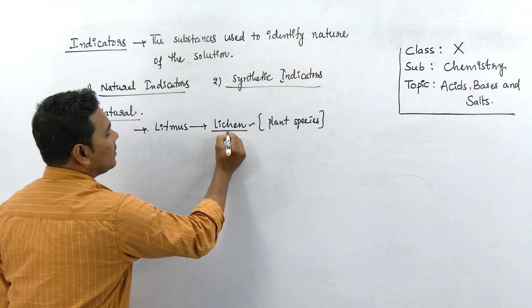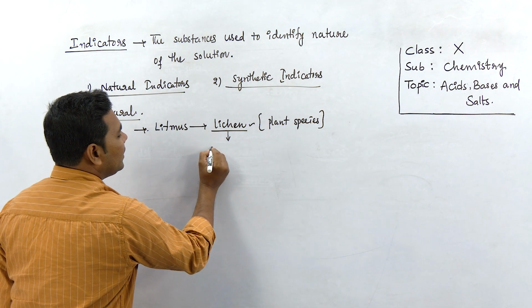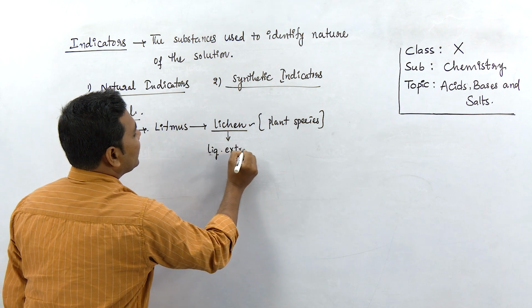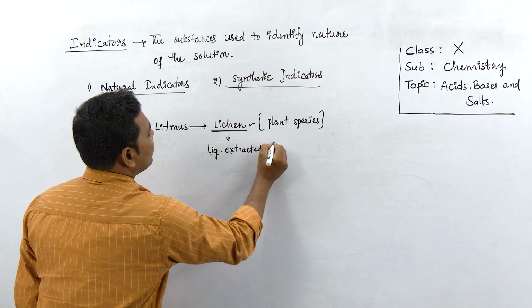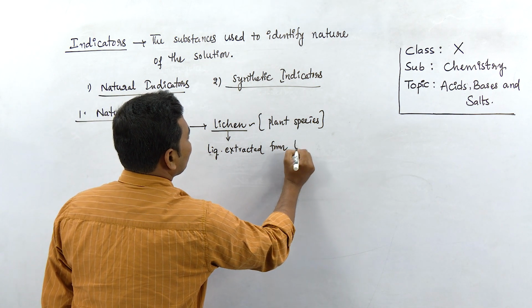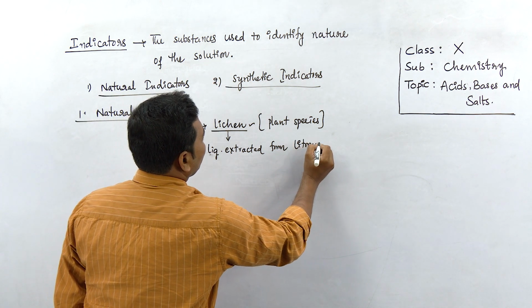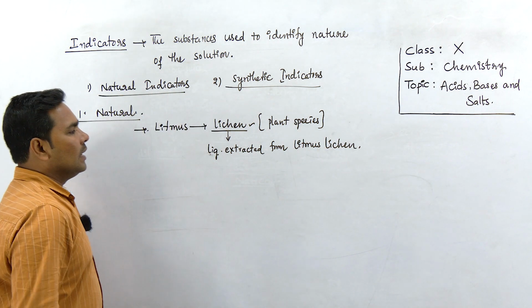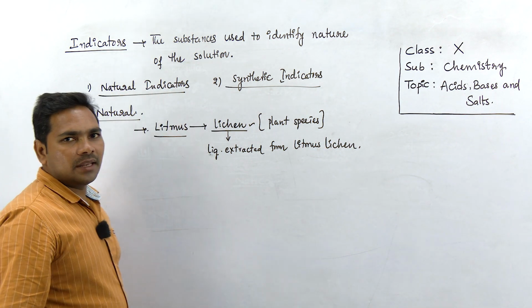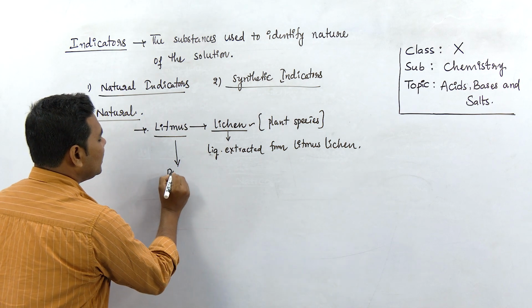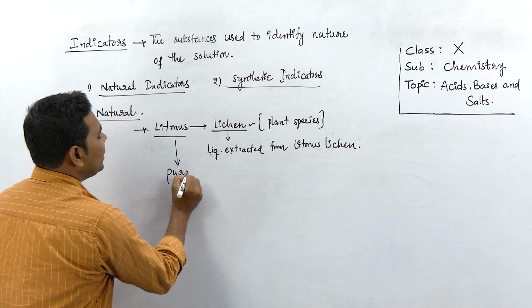A liquid is extracted from this lichen, and it is called a litmus solution. This litmus solution exists in purple color.